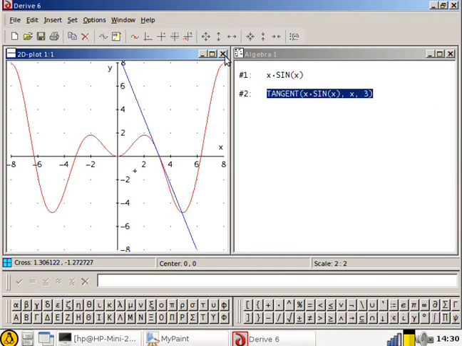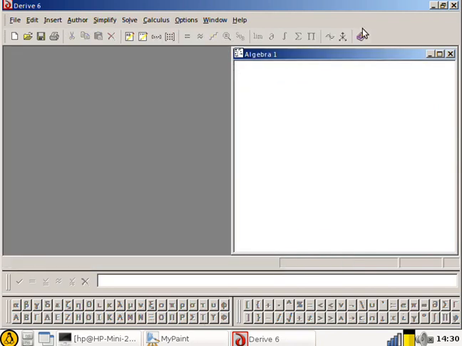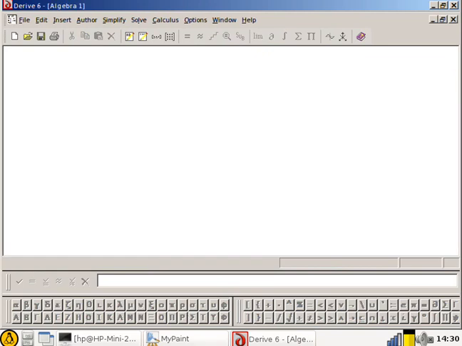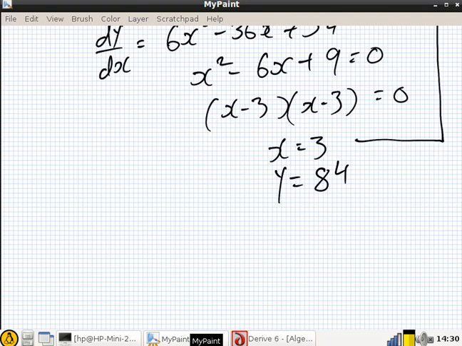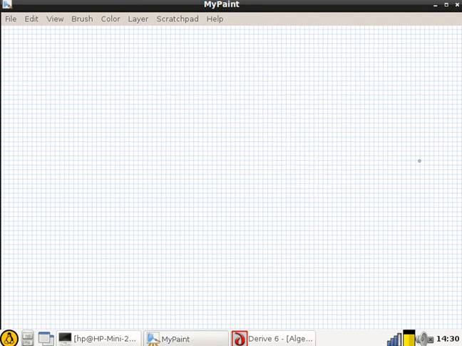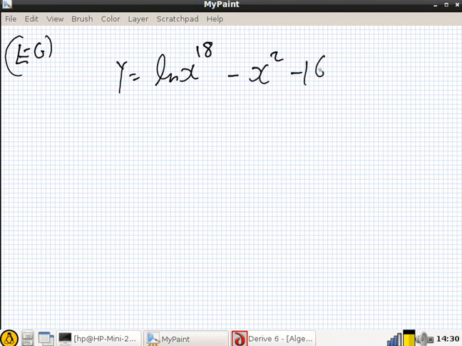Okay. Right, now let's do some more difficult examples. Okay, so let's do one with a log in it now. So for example, y equals log x to the power 18 minus x squared minus 16x minus 2.